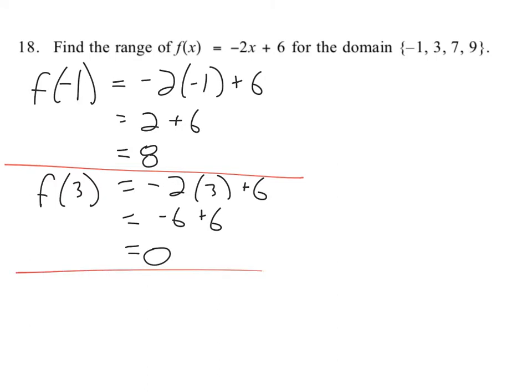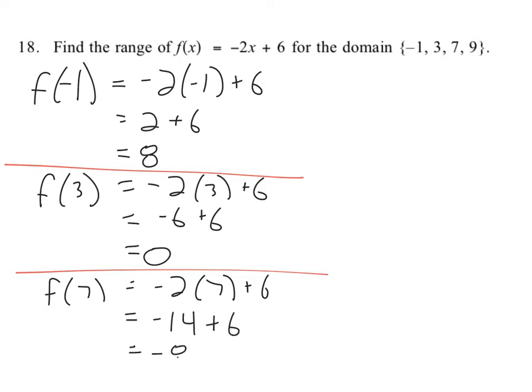And f of 7 would be negative 2 times 7 plus 6, which is negative 14 plus 6, or negative 8. And we'll do it one more time. Let me draw this line to separate those.